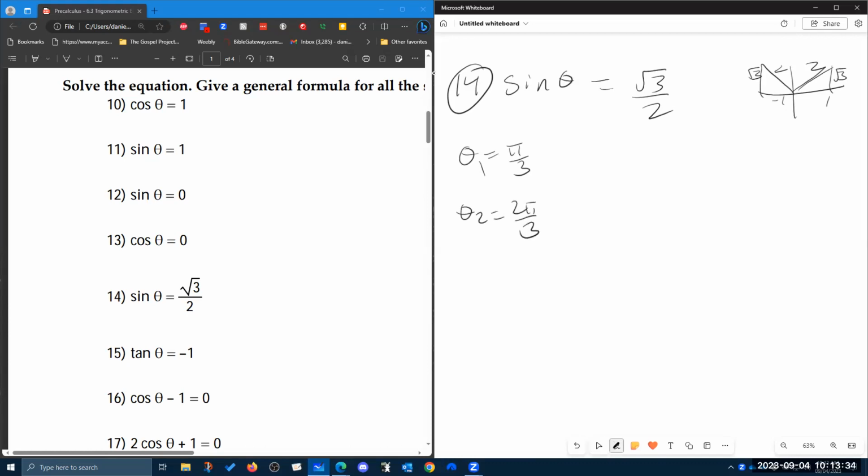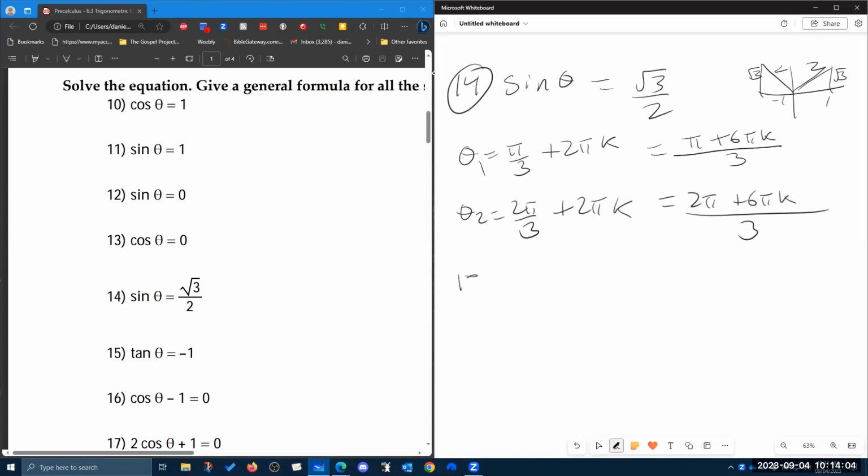I'm not going to be able to compress these into a single answer like I did in the previous problems here. I'm just going to have to leave this as two sets of answers like that. If I wanted to write these with a common denominator, it would be something like that.